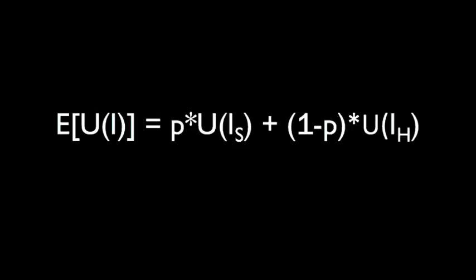Mathematically, expected utility is going to be equal to EUI equals P times the utility that you get when you have the sick income plus 1 minus P times the utility you get when you have the healthy income.